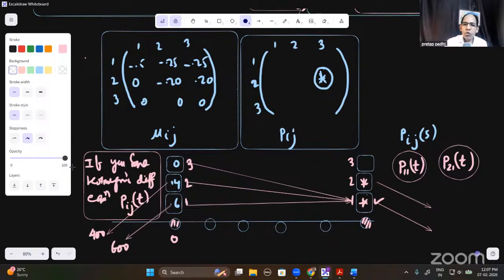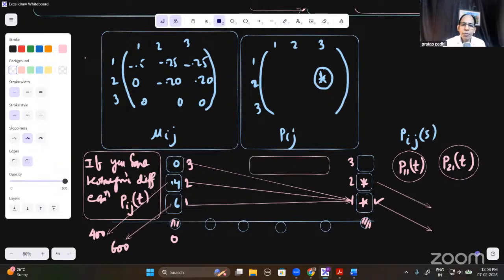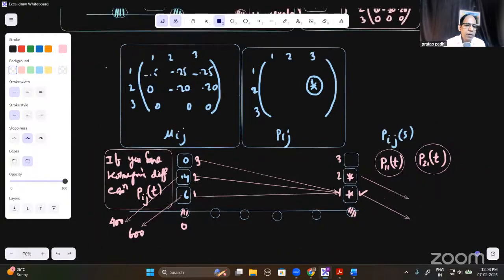So now, how to find P11(t)? If you want to find P11(t), it's very simple, right? Waiting time, holding time. I'll not make it complicated here.